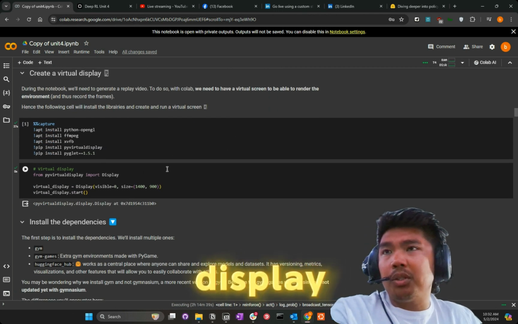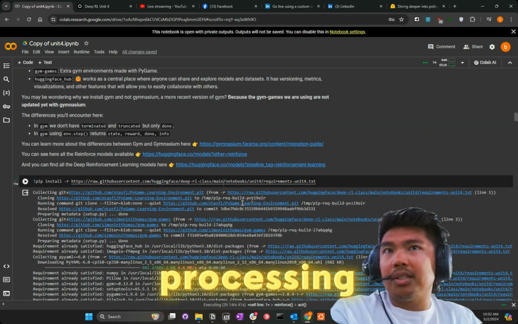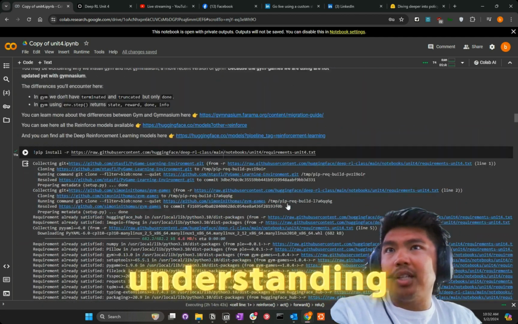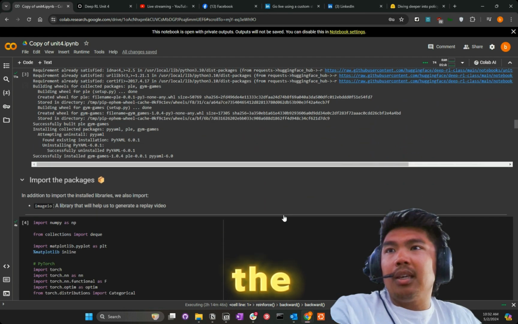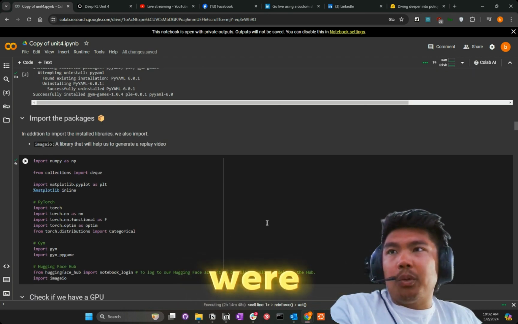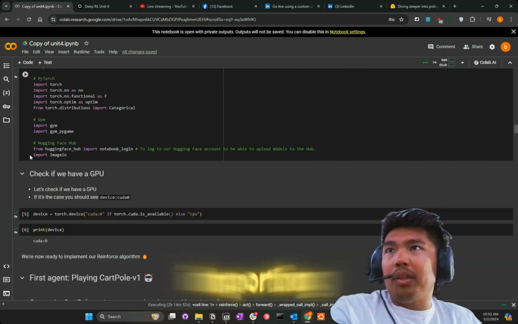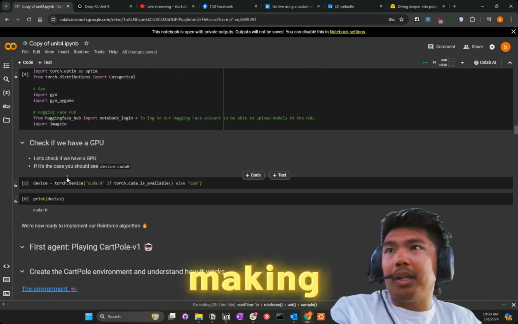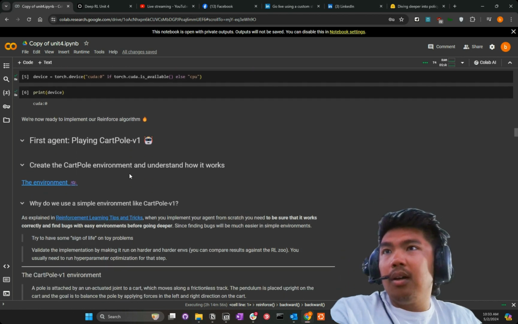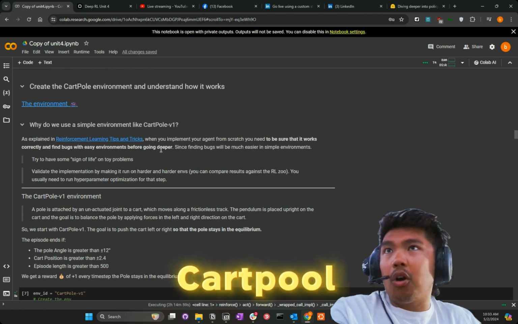You create your virtual display, so you're getting your preprocessing, everything, a good understanding of what libraries we're using. You can see we're importing PyTorch, importing the gym, the Hugging Face Hub, making sure we have our GPU, and now the first agent is the CartPole agent.